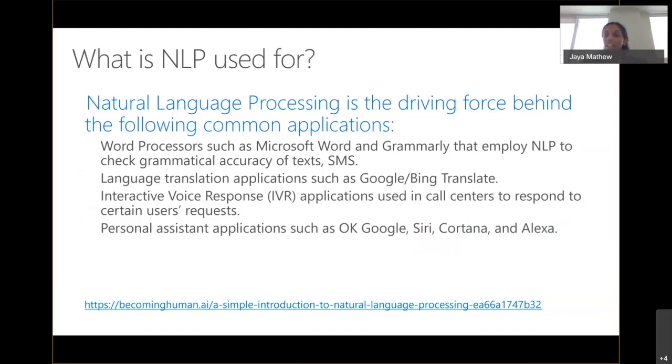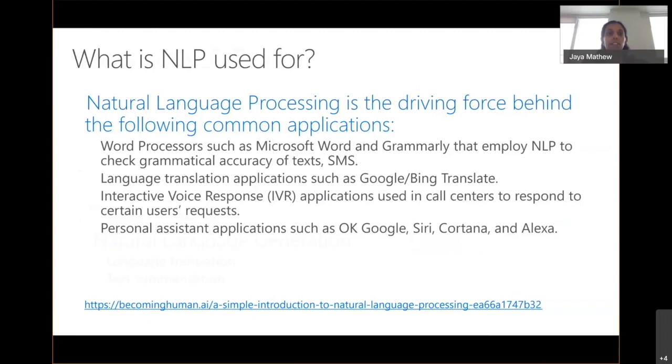So we have the IVR systems, which are interactive voice response applications that help route our request to the right person by asking us a bunch of automated questions as to what is your request, do you have an account with them, etc. Then some of us do use personal assistants such as OK Google, Siri, Cortana, Alexa, where we do talk in natural language.